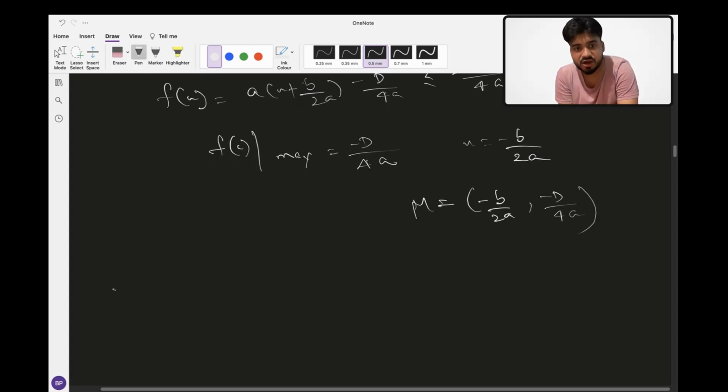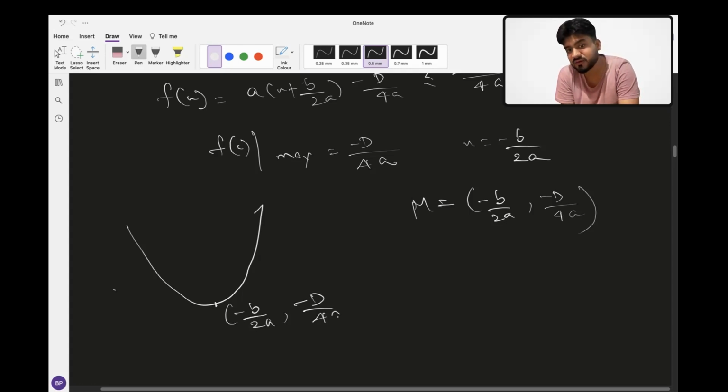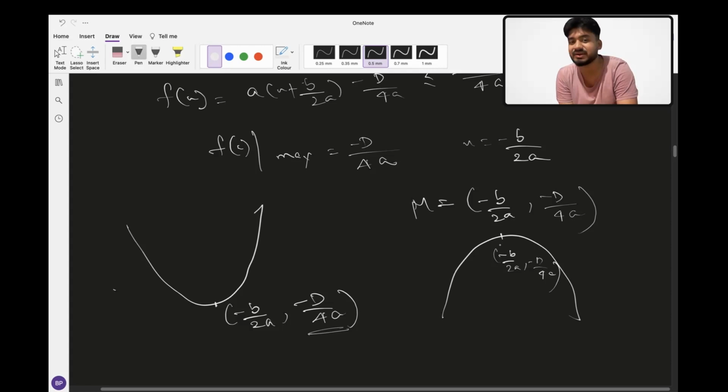That means when a is positive, this is the minimum value: the value of x is minus b by 2a, and at this point the value of y, that means the minimum value of f(x), is minus D by 4a. And when a is less than 0, this is again the point minus b by 2a comma minus D by 4a, but it will occur as a maximum now.